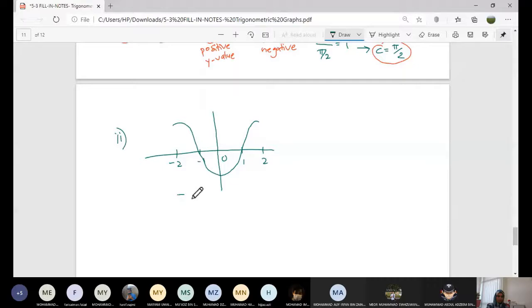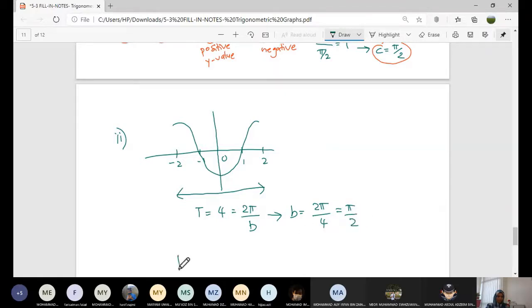Make sure you have the period is always 4. Okay. T is equals to 4, which equals to 2 pi over B. So from here your B is equals to 2 pi over 4, which equals to pi over 2.